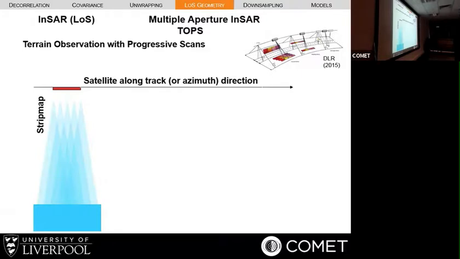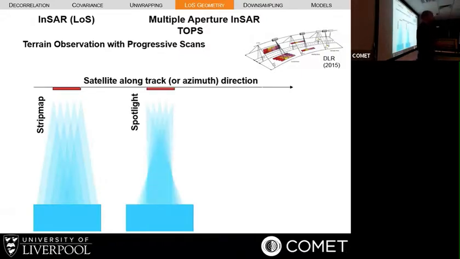If the displacements are sufficiently large, there are other techniques than simply differential interferometry, which is, for example, multiple aperture interferometry, or MAI, that is able to sense the motion along the direction of the track. How?